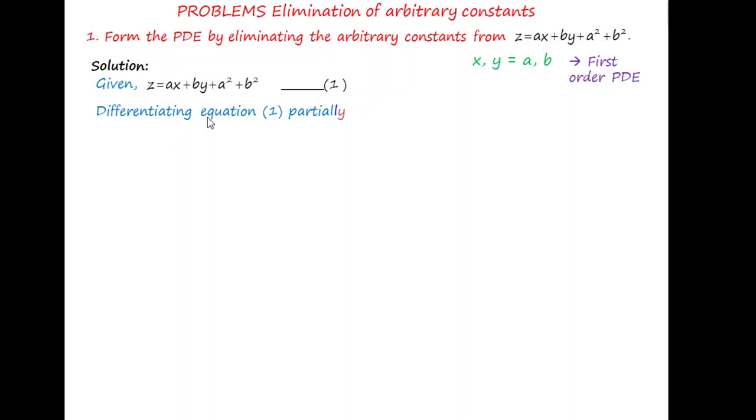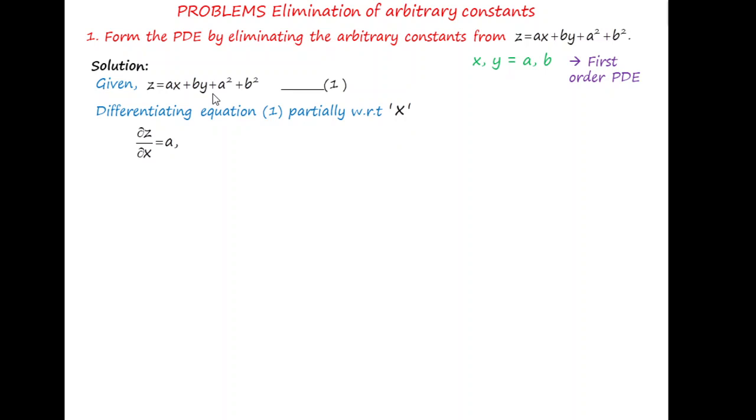Now we differentiate the given problem partially with respect to the independent variable x. What is the differentiation of z with respect to x? Dou z by dou x is equal to the differentiation of ax with respect to x, which is a, because differentiation of x with respect to x is 1, plus by plus a squared plus b squared terms are taken as constants because we are doing partial derivative with respect to x.